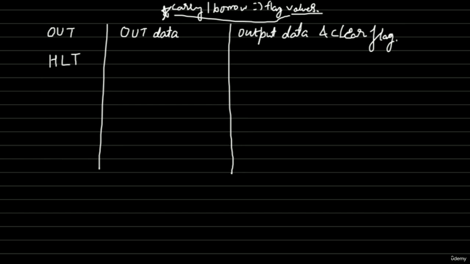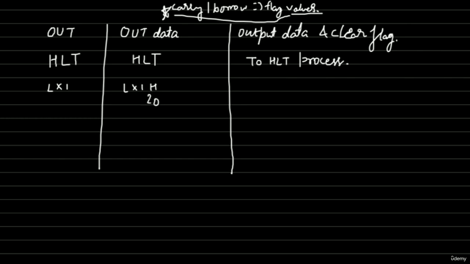So HLT, it's sometimes called halt. I'm writing HLT, to halt the process. Now the next thing we have is LXI. I'm writing LXI H 2050.